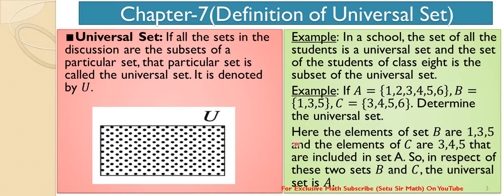The elements of set B and set C are included in set A. That means 3, 4, 5 and 1, 3, 5, these numbers are included in set A. So in respect of these two sets B and C, the universal set is A. These numbers must be included in this big set. Okay, so A is the universal set.